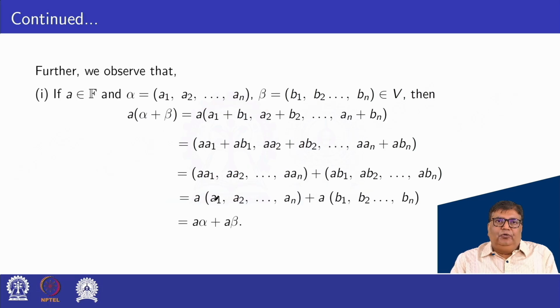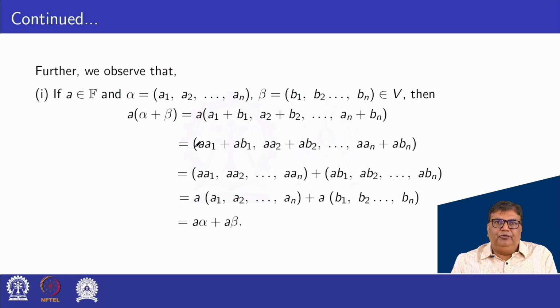Further, we observe that a belonging to F, alpha equal to (a1, a2, and so on, an), beta equal to (b1, b2, and so on, bn) belonging to V. Then a times (alpha plus beta), where alpha plus beta is a vector and a is a scalar.